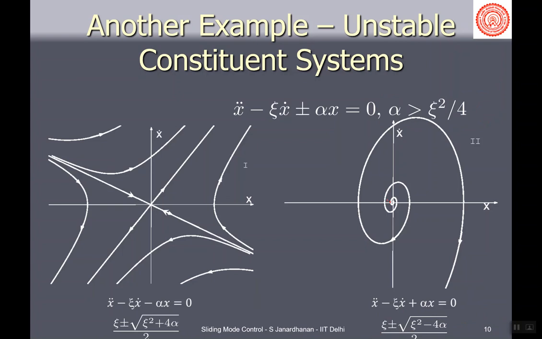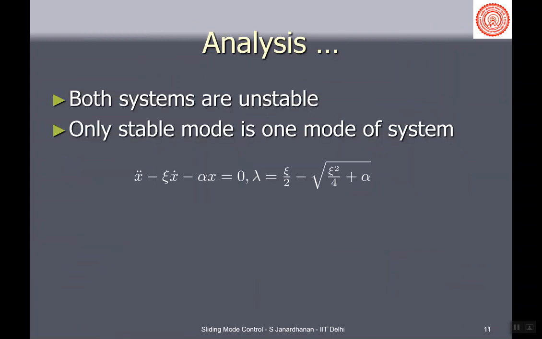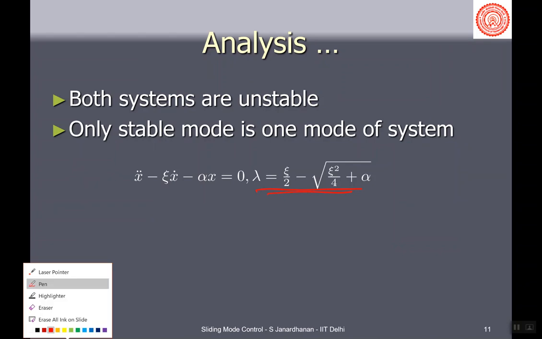So the trajectory goes like this. Again, something that is not really very pretty. So both systems are unstable. There is only one stable mode out of the 4 modes that we have, and that stable mode has this particular eigenvalue. So what can we do about it?